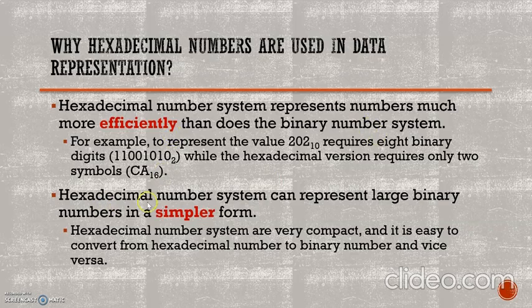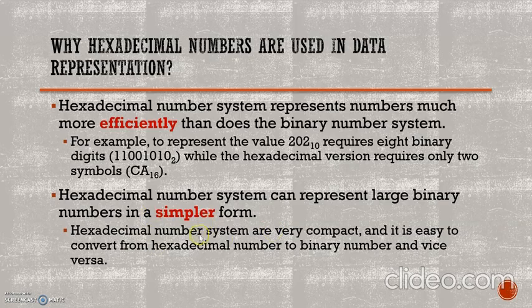The second point is a little bit different. Hexadecimal number system can represent large binary numbers in a simpler form. Why is hexadecimal used to represent large binary numbers instead of decimal or any other system?